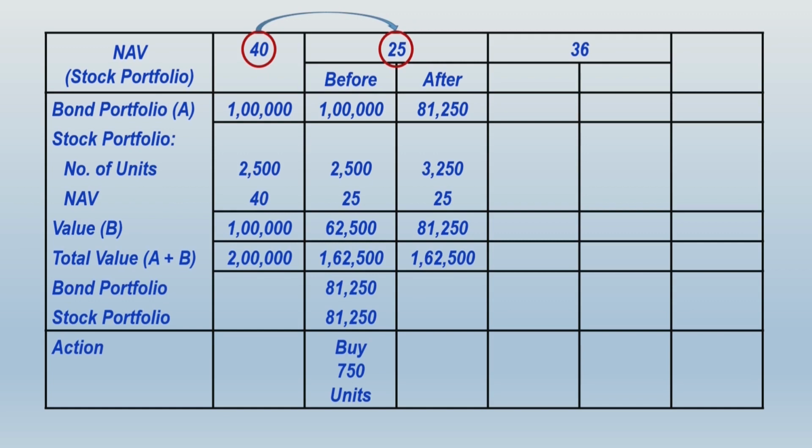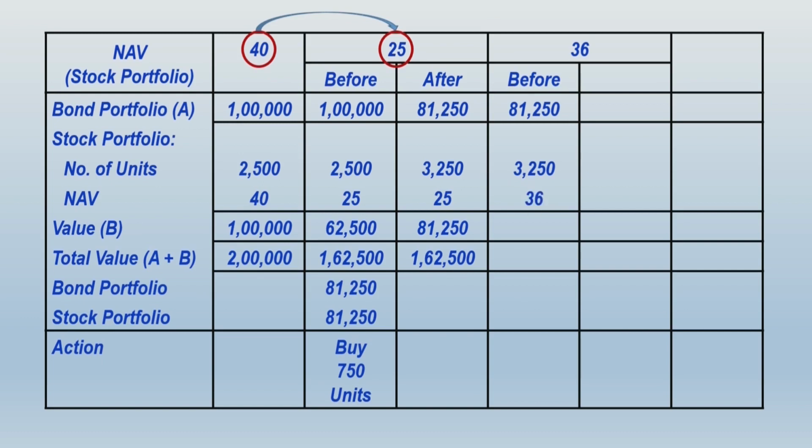Of course, if you cannot speak to me, you can at least do that calculation on your calculator and check what you are getting. So I am talking about the position before. How much value should I put in the bond? Answer is simple, the previous one, that is 81,250. Then what are the number of units of your mutual fund portfolio? 3,250 units.